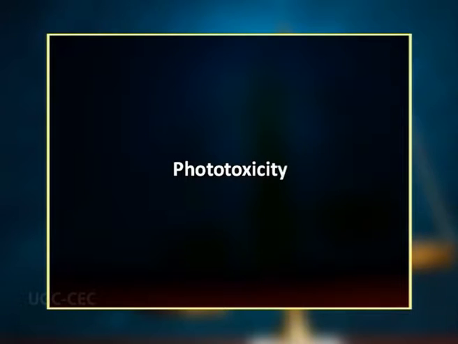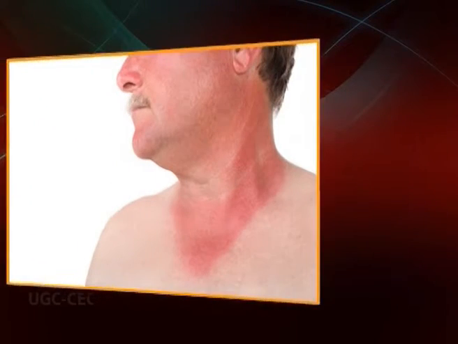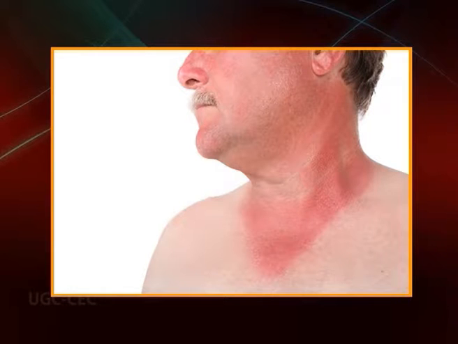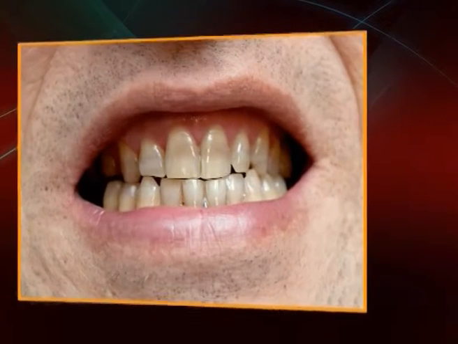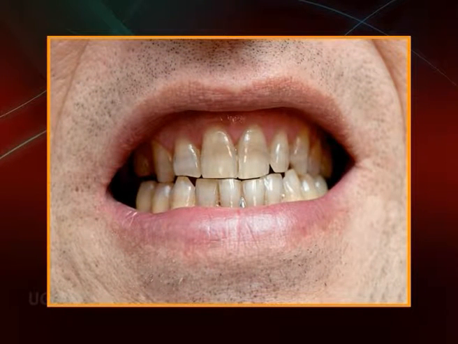It causes phototoxicity. A sunburn-like or other severe skin reaction on exposed parts is seen in some individuals. And in teeth and bones, tetracyclines have a chelating property. Calcium tetracycline chelate gets deposited in developing teeth and bone.